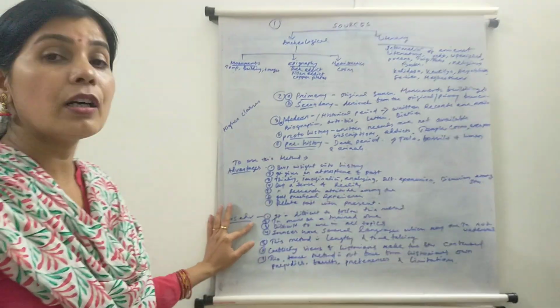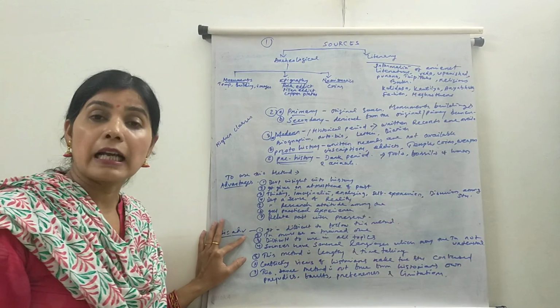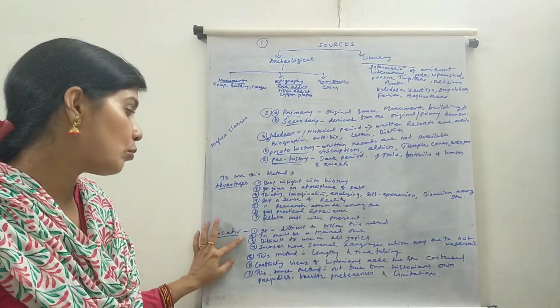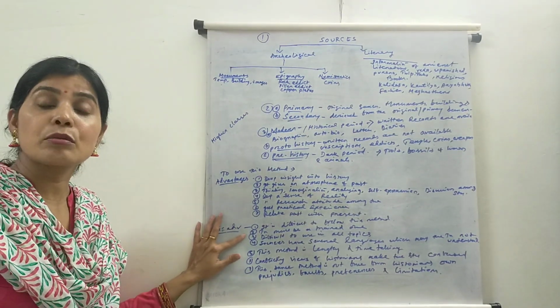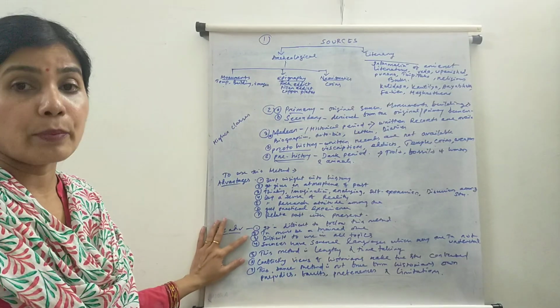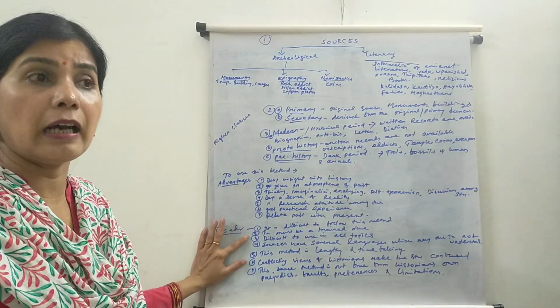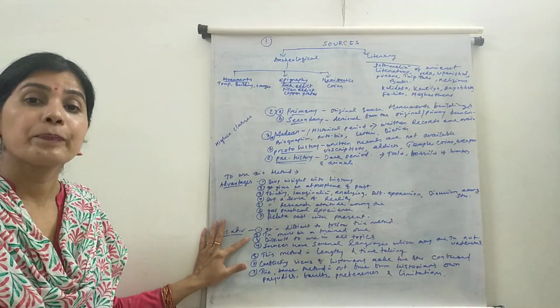But it is difficult to present all those things inside a classroom situation. Next, if a teacher is following the source method, he or she must be trained properly and must have much knowledge about the sources of history.